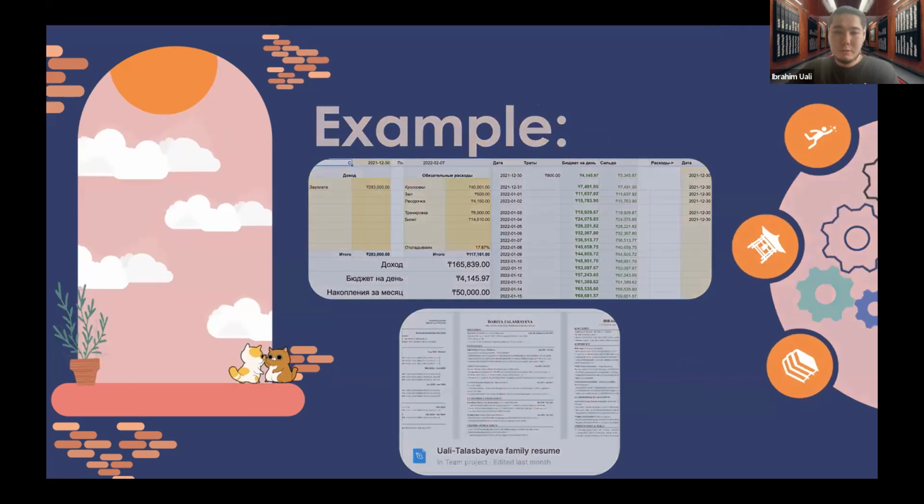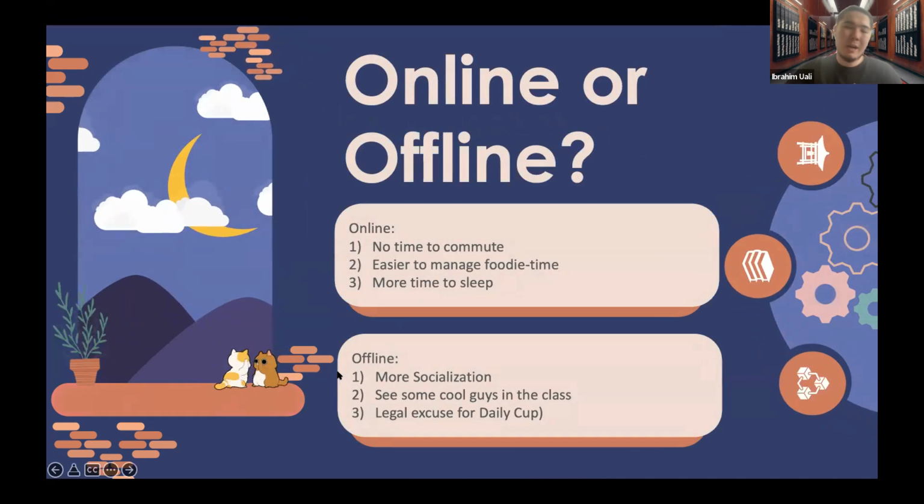Third, let's move on. Yeah, there was a question about online and offline. Is it more difficult or easier to do it online or offline? I would say for me, when I was working and studying, online was a very good thing, because there's no time to commute. I didn't need to go outside and find a taxi or bus. I could sleep at night.